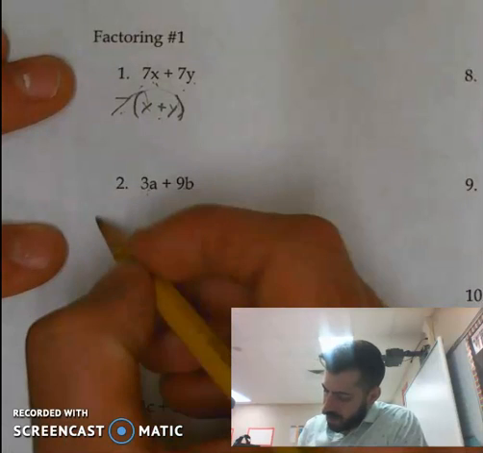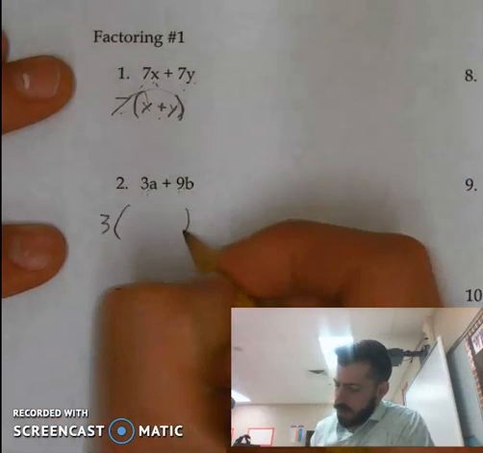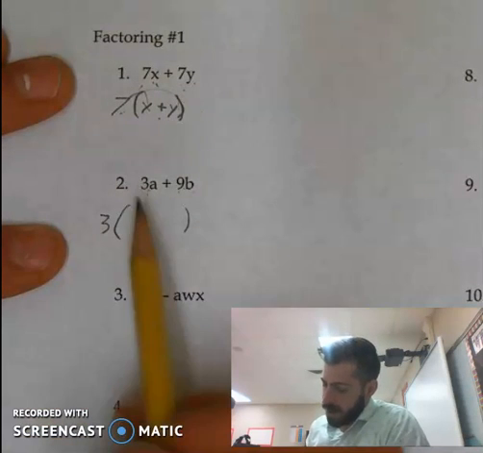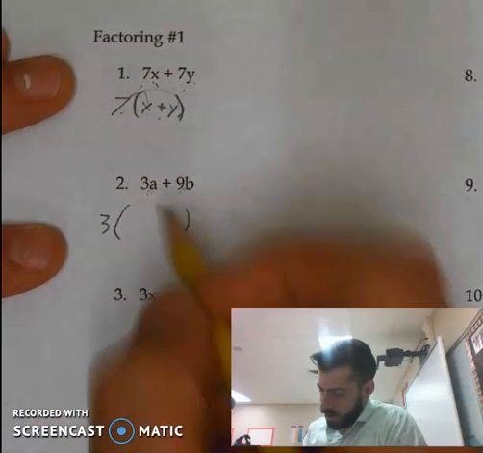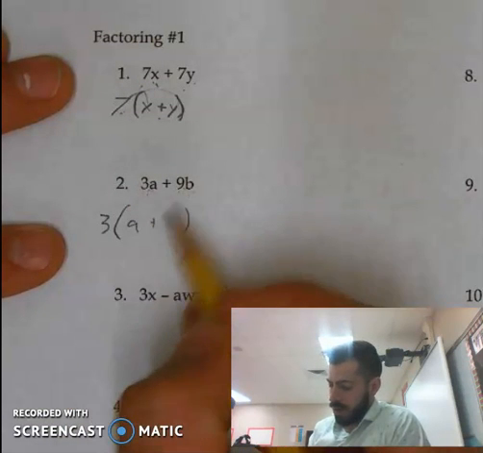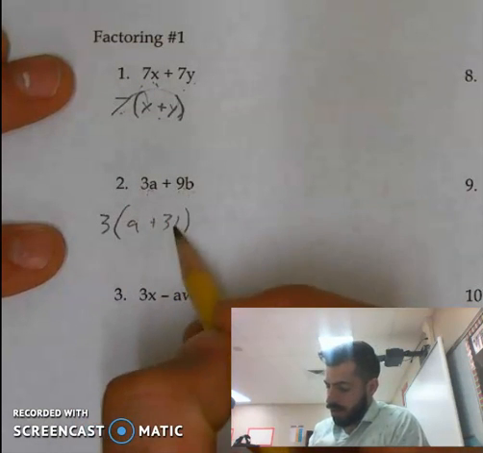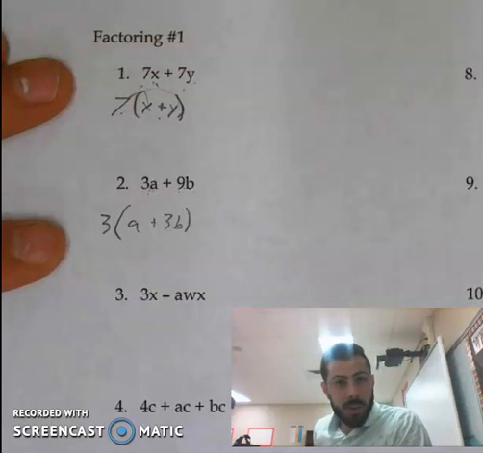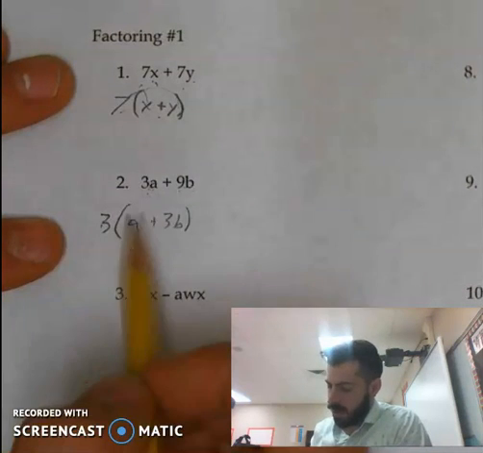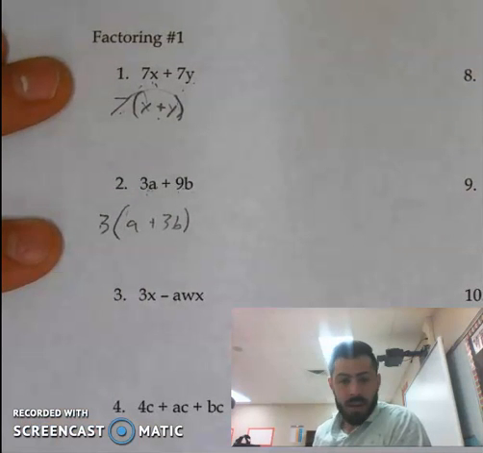So we'll bring a 3 outside of our parentheses here, and then what would be left after we divided both of these terms by 3? Well, 3a divided by 3 is just a, and then 9b divided by 3 is just 3b. And if you want to check your work, of course, you can multiply 3 times a and 3 times 3b, and you get 3a plus 9b.